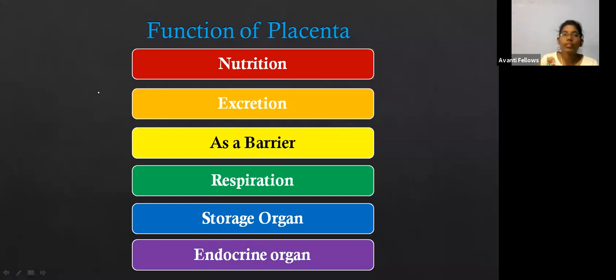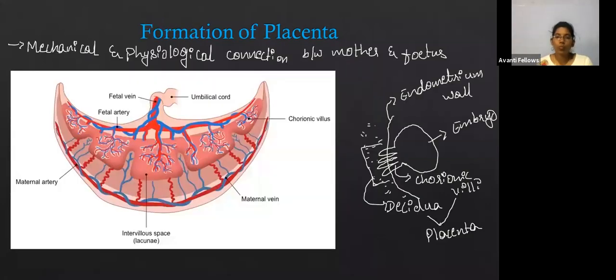Here one more thing I forgot to tell you. If this is the placenta which is formed, and this is the baby which starts to develop, the placenta has a connection with the baby.